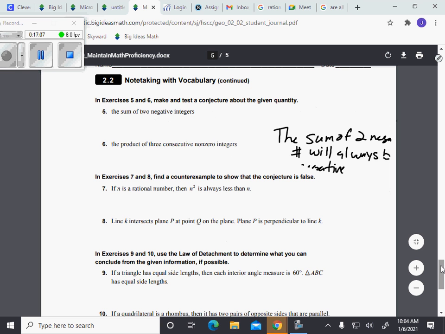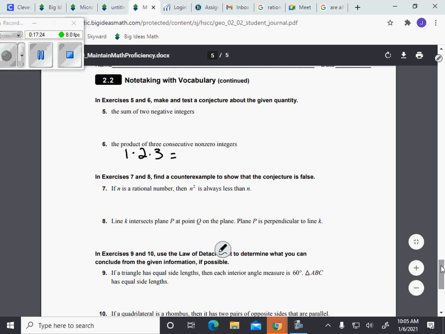This next one. The product. What does product mean? Product means multiply. Of three consecutive non-zero integers. So any three non-zero integers, consecutive, so 1 times 2 times 3. What does that equal? It equals 6. What's another one? Let's do 4 times 5 times 6.